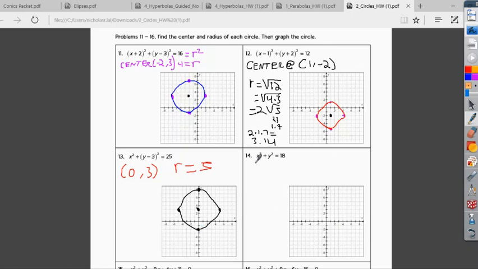14. Center at 0, 0. Our radius is equal to the square root of 18, which is equal to the square root of 9 times 2, which is equal to 3 times the square root of 2. The square root of 2 is approximately equal to 1.4.